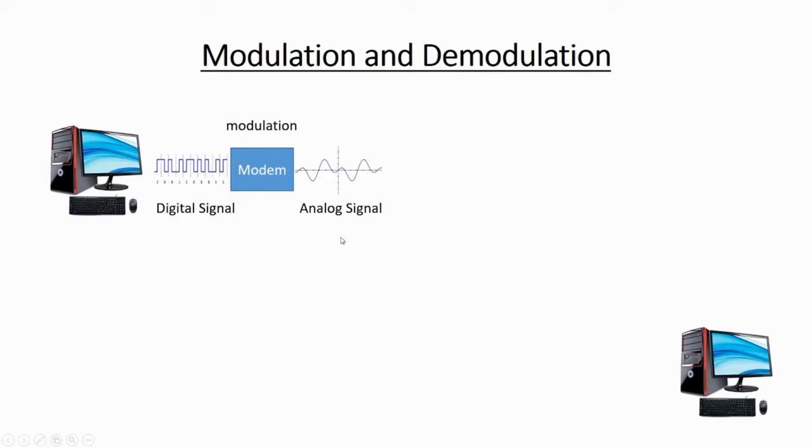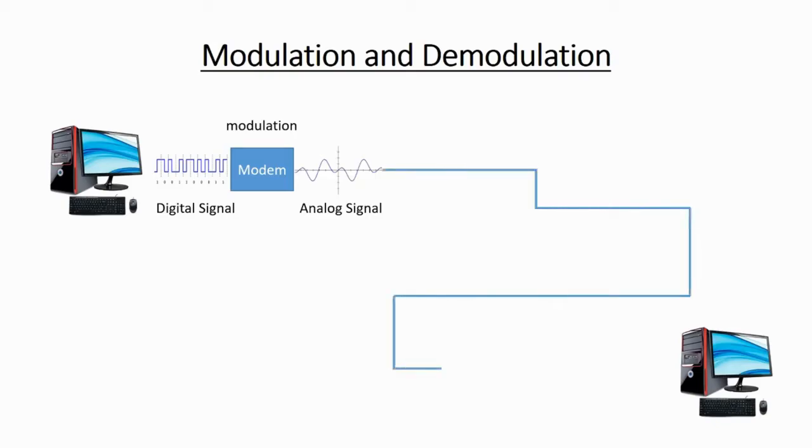Once it is converted into an analog signal, it can easily pass through the telephone wires, through the telephone network, because now it's an analog signal. So obviously it will go to that server machine, but even this server machine is a digital machine. It will not understand this analog signal. So again the modem will come into action.